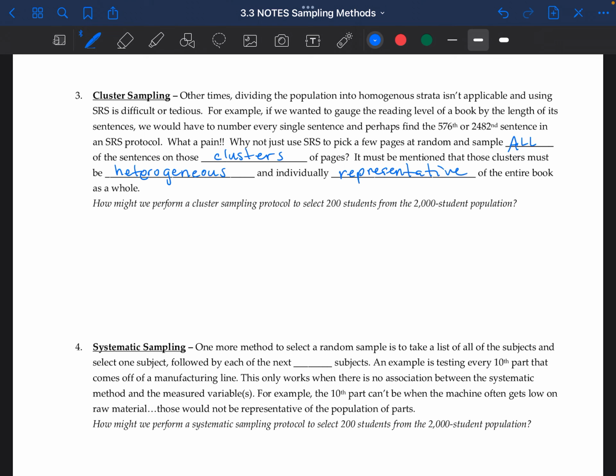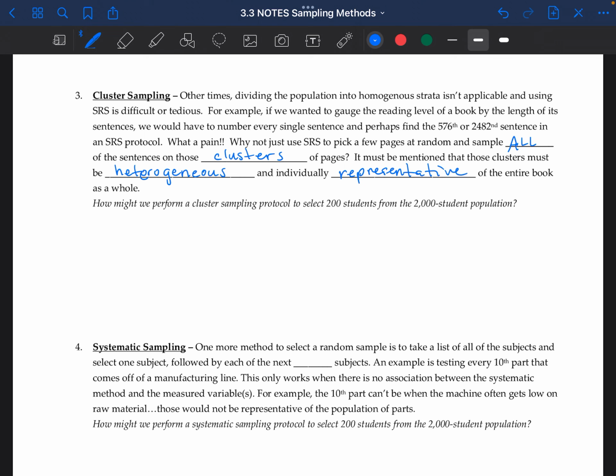And then I want to do an SRS on the groups, in which case I don't have to sample the whole population. In this example, just go to page 576 and page 2482, and then read those whole pages and determine from there. I don't know if this book actually has almost 2,500 pages, but you get the idea.